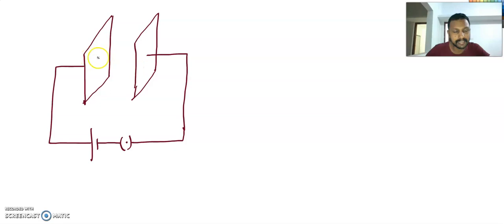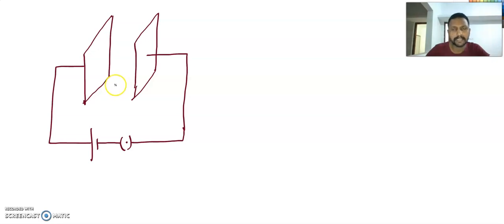They are conducting sheets which are parallel, and these two sheets are connected to a battery. This arrangement is called a parallel plate capacitor. The arrangement of two parallel conducting sheets kept between an insulating medium is called a parallel plate capacitor.